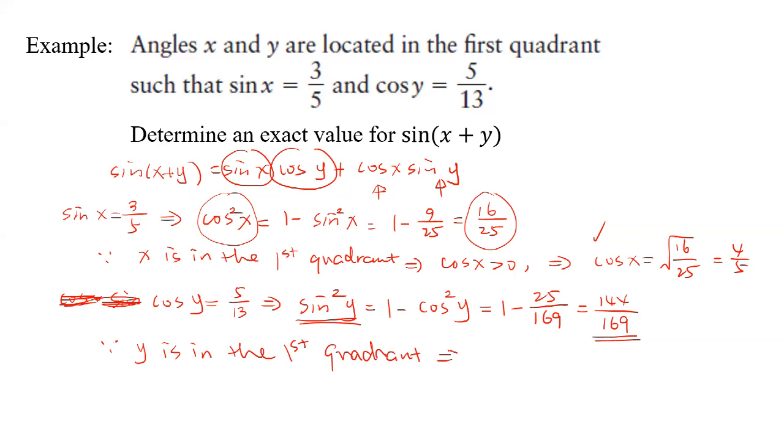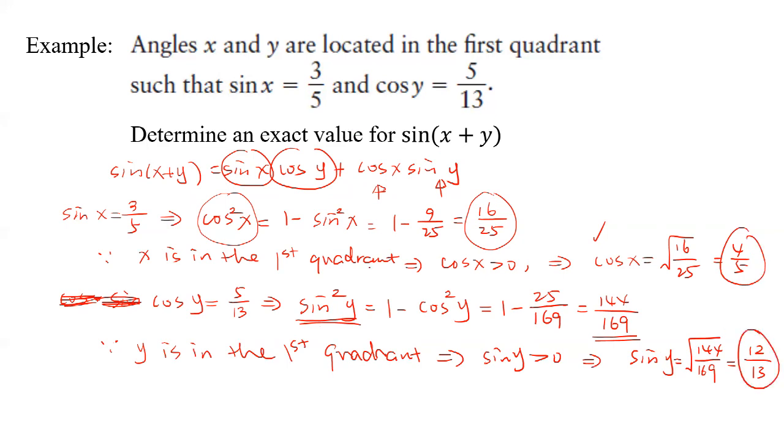So that means sine y must also be positive, right? So according to this one, sine y here is the square root of 144/169, which is 12/13, right? Okay, so in this way, we have all the ratios we need.